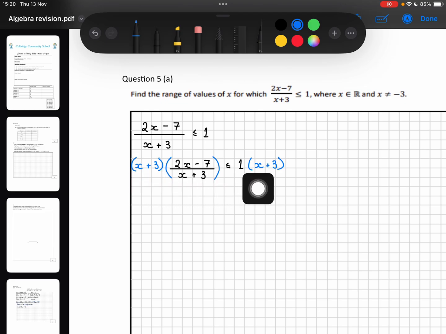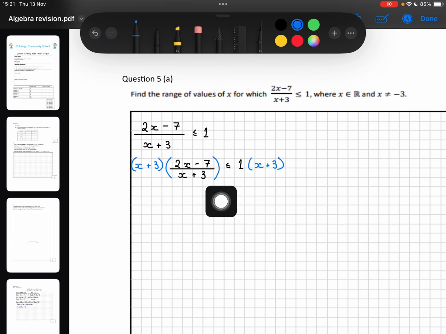So if x was something like minus 4, then this could be a minus 1 that I'm multiplying across by. And I don't know whether it is or not. So I don't know what I'm multiplying across by, so I don't know if it's positive or negative, so I don't know whether to swap the direction of the sign.